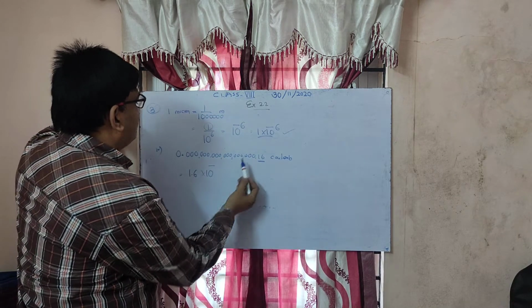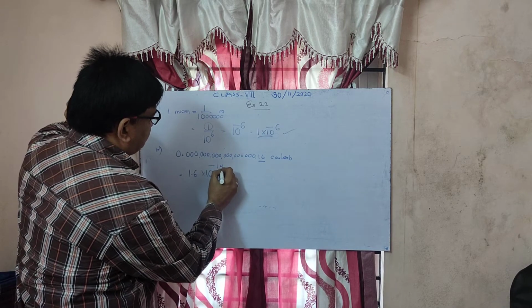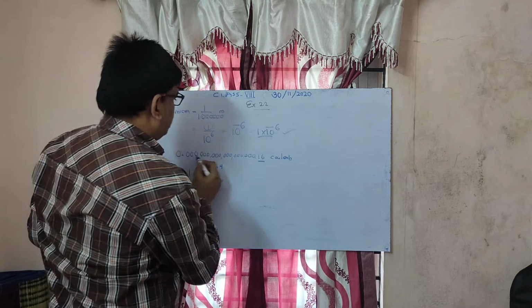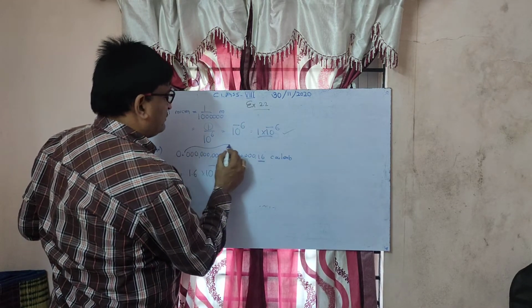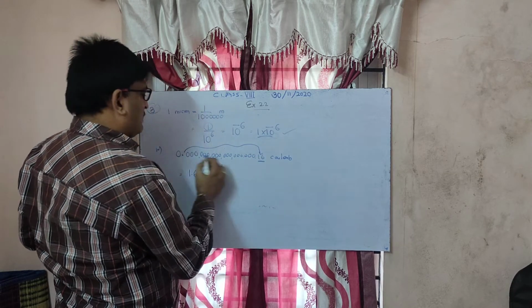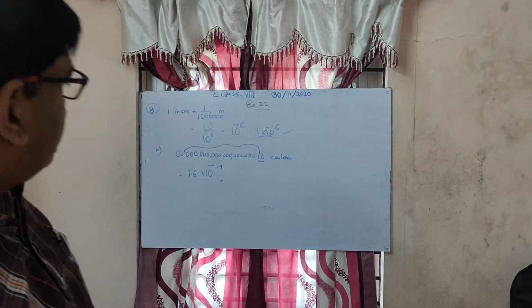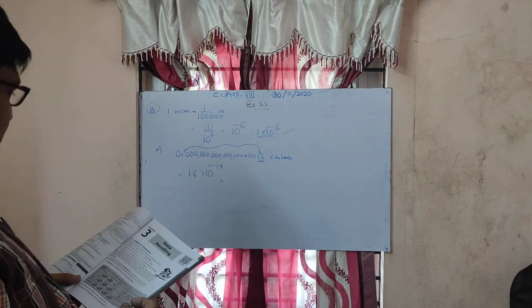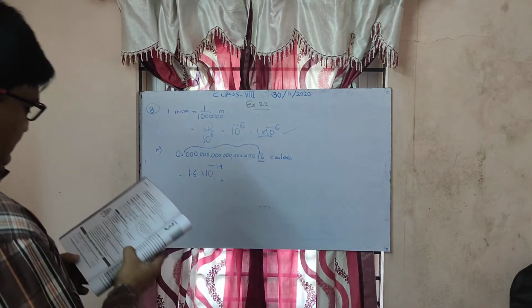There are 18 zeros, 18 plus 1, 19. The point moved 19 digits. So it is 1.6 into 10 to the power minus 19.